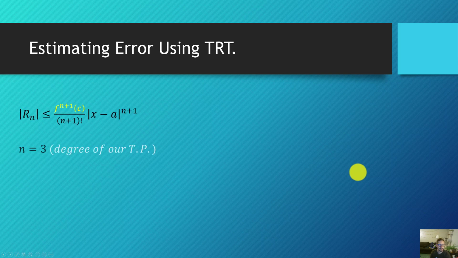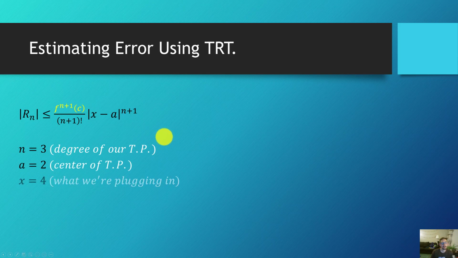Let's estimate. So some things we know about our function is that it's degree 3. By design, that's what we created, a degree 3 polynomial for the fourth root of x minus 1. We know a is 2 because that's the center. That was also given to us. And x equals 4 is what we're plugging in to approximate the fourth root of 3.